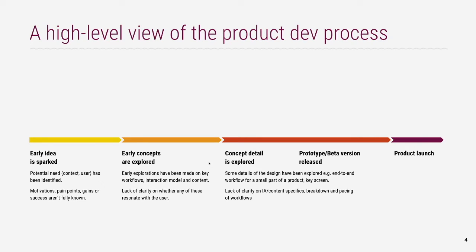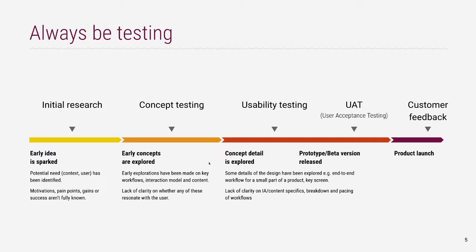It is useful to think about the whole of the product development process when talking about testing. Because the truth is, you should always be testing. Tests occur at every stage of this process.